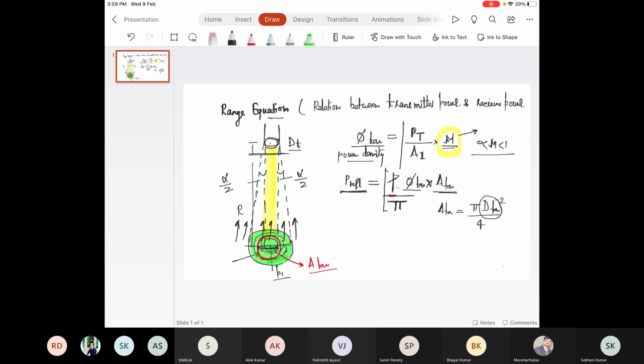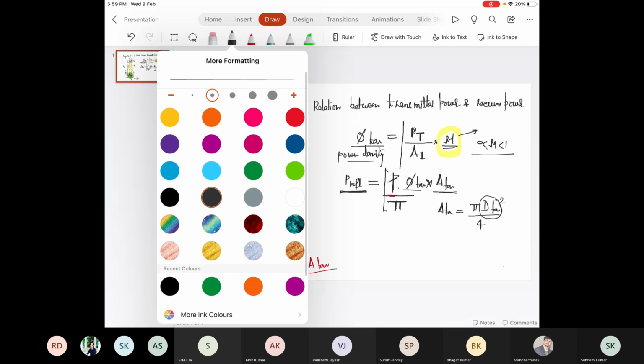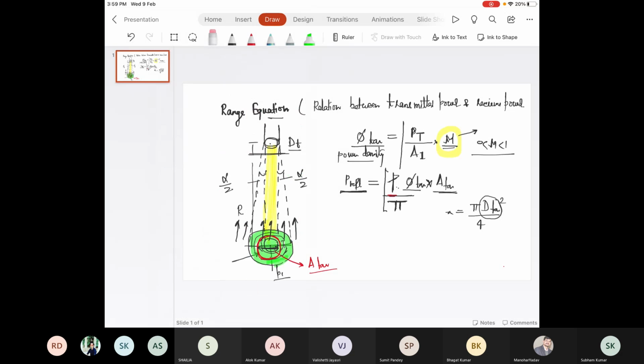Again, the return signal is traveling through the same medium, so again you need to multiply it by the atmospheric transmission m.